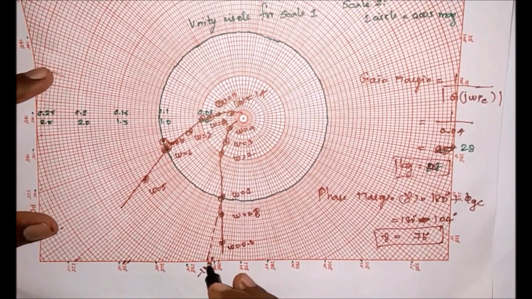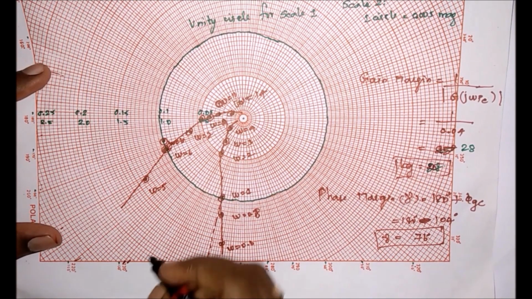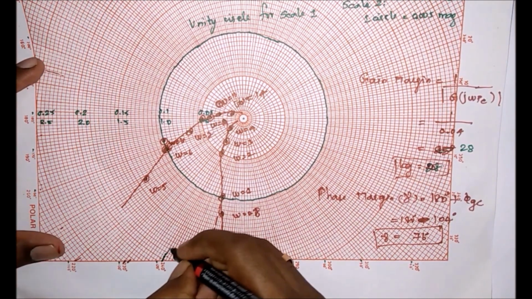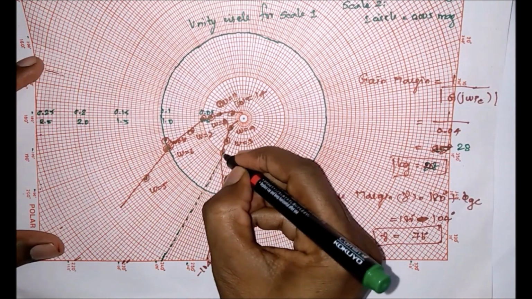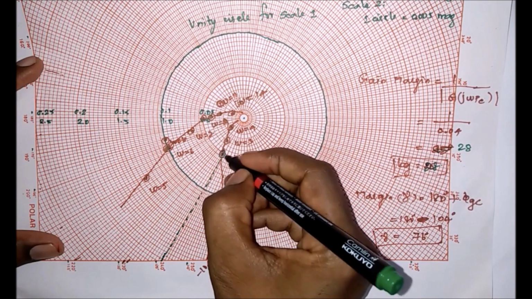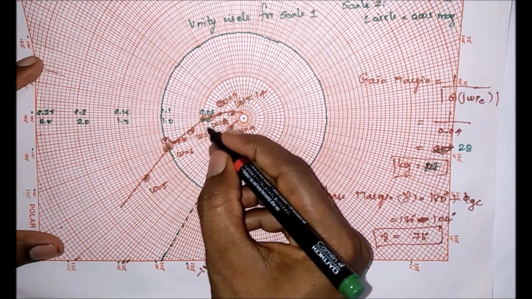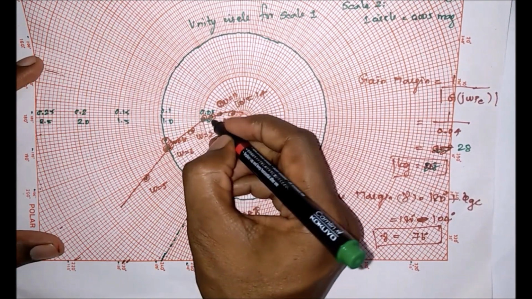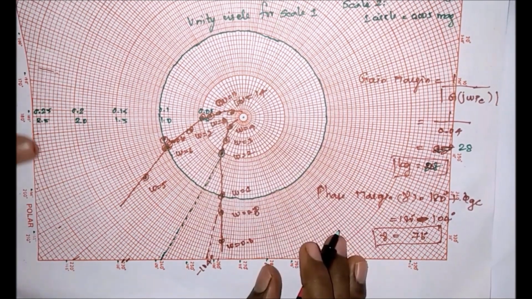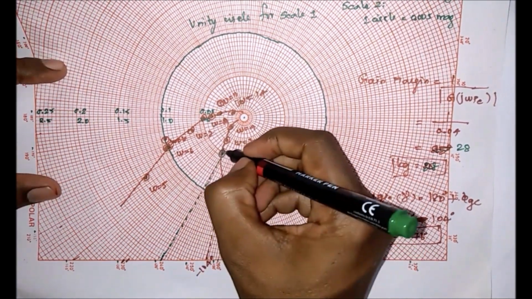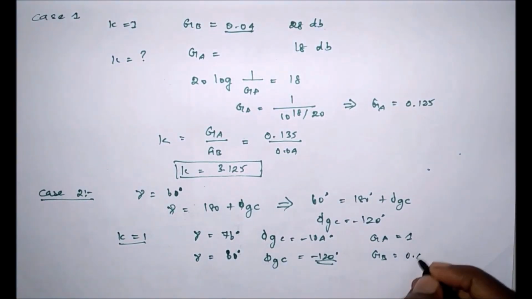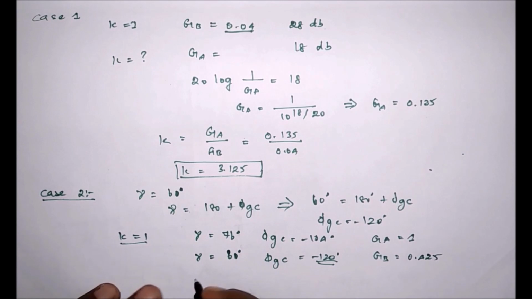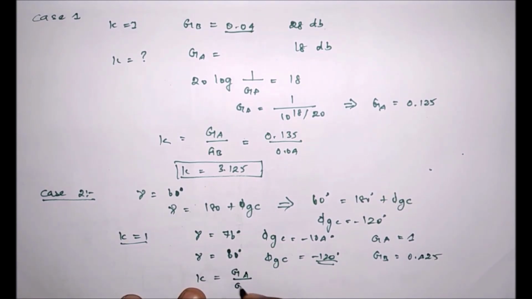Therefore, from this graph, instead of 104, we have to take minus 120. This is the minus 120. It will cut the plot at this point. The corresponding magnitude we see is 0.425. So the formula to calculate K equal to GA over GB.